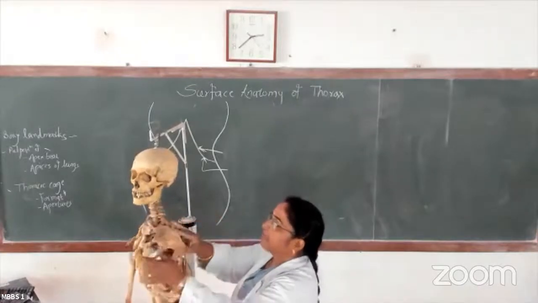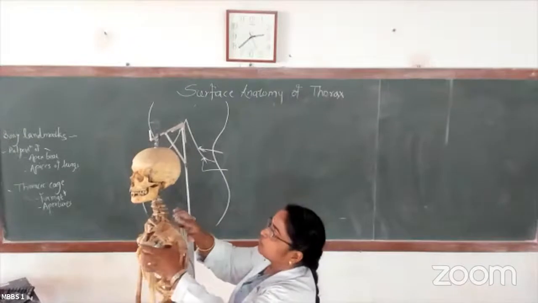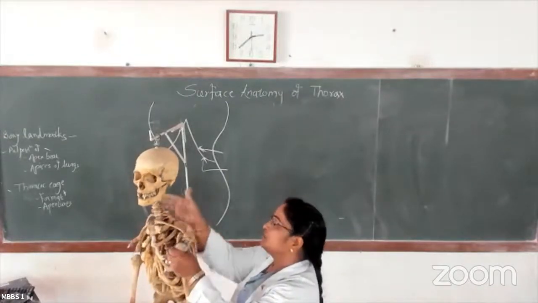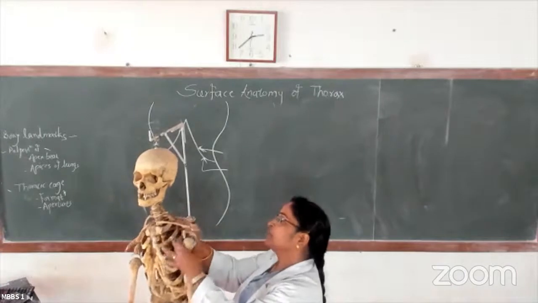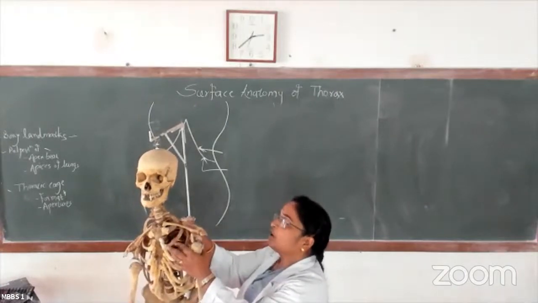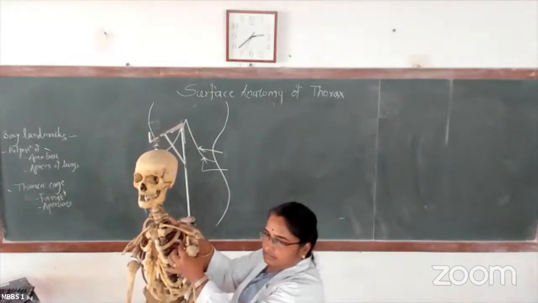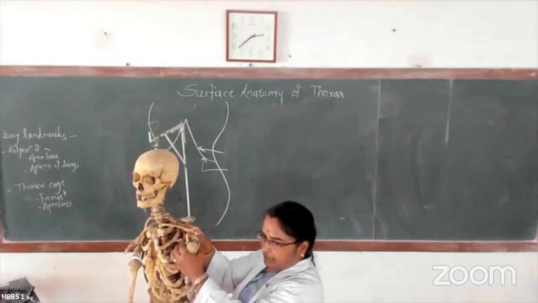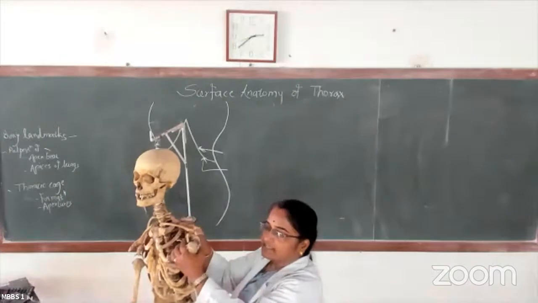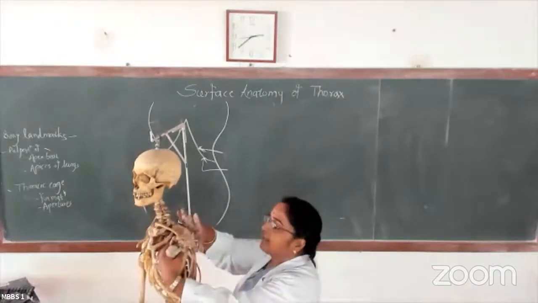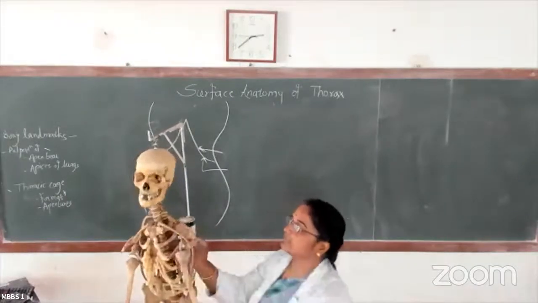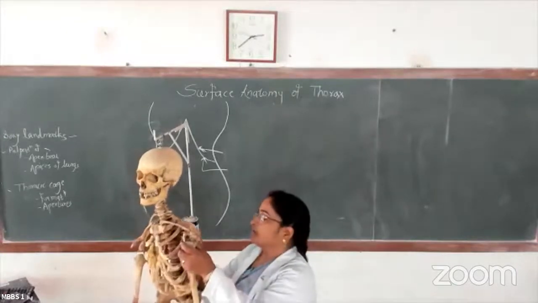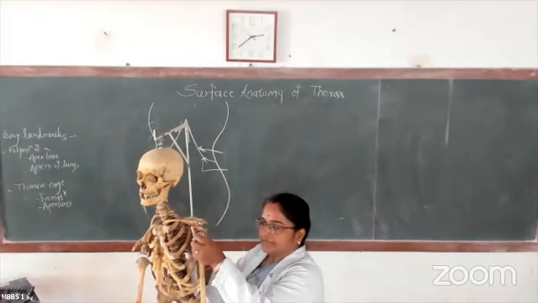If we look behind, and palpate the thoracic vertebrae, the root of the spine of the scapula lies at the level of T3, and the inferior angle of the scapula lies at the vertebral level of T7.